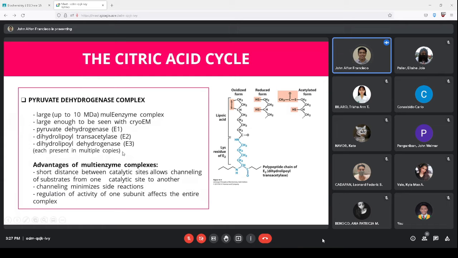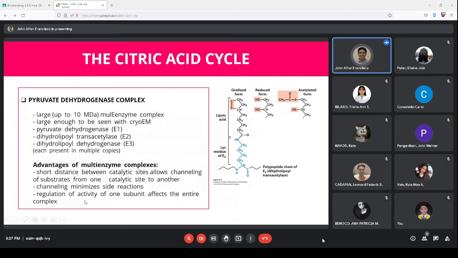So yung pagiging short distance between these enzymes is beneficial para maproteksyonan yung iyong compound. Channeling minimizes side reaction, as I have explained earlier.